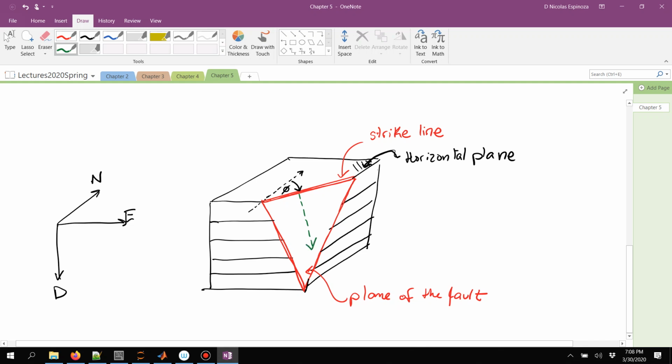This is the direction of the dip, and this is the line of the dip, and the dip is going to be the angle between this line and the horizontal plane in this particular location. So this angle is going to be the dip, where this green line is on a horizontal plane.